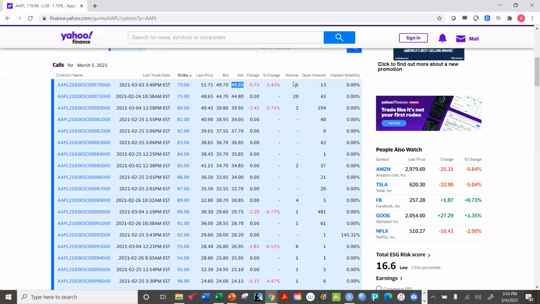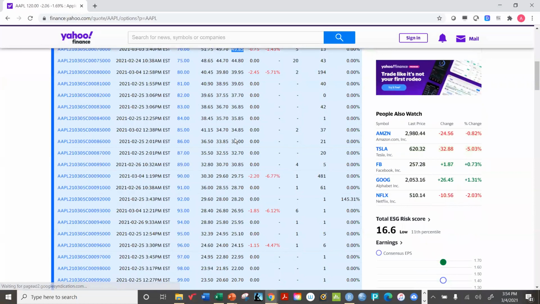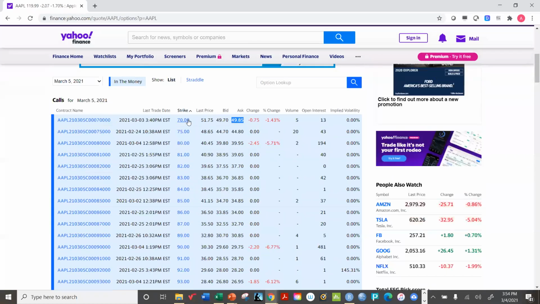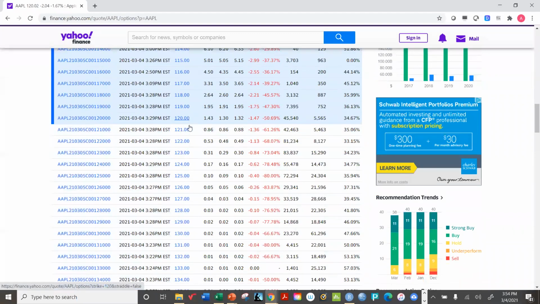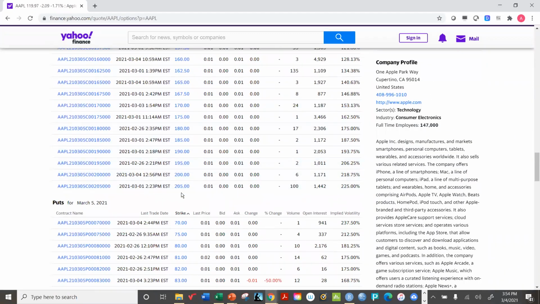We also have the volume of trading, which means today's trading. We have open interest, which is how many contracts are outstanding. Each of these options has the same information. You notice the strikes range from 70 all the way up to 205. That's a lot of choices.